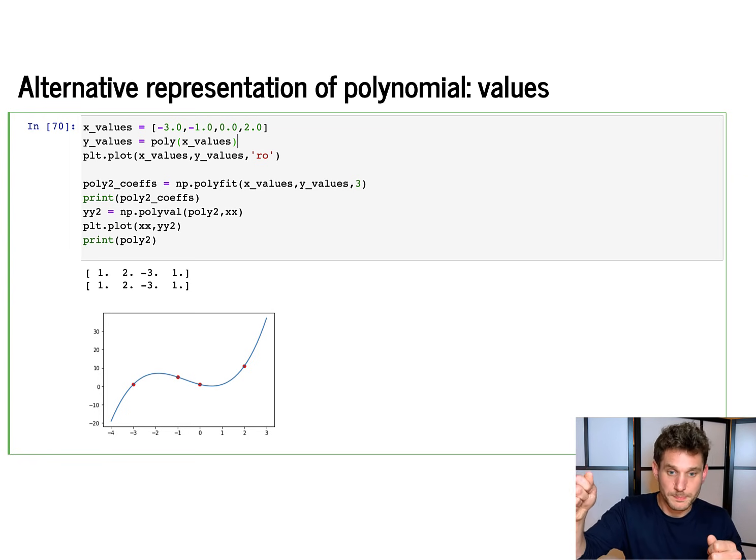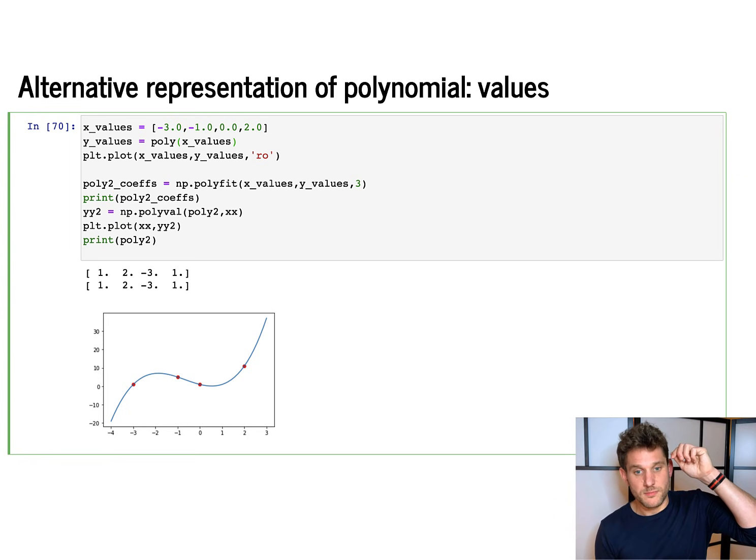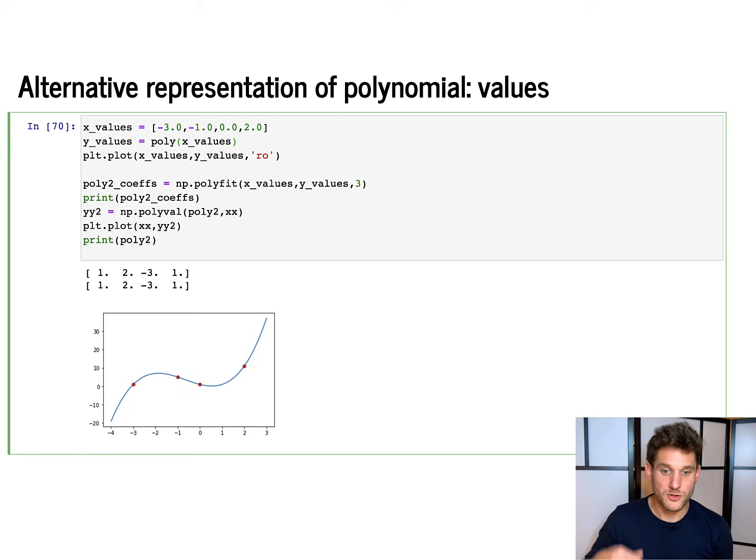If I convert this representation into a value representation, I can now represent the polynomial at n points, and that is again a vector of n values, but it gives a unique representation of this polynomial. So again, I have the coefficient representation, which is over here.